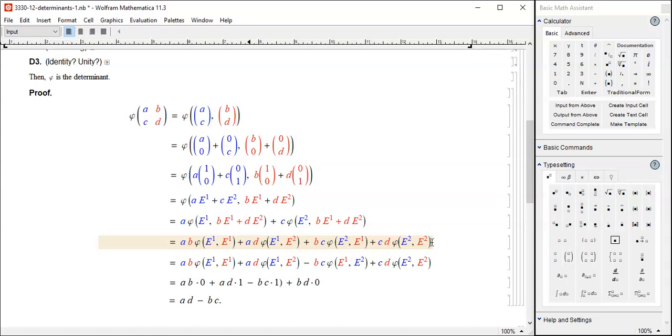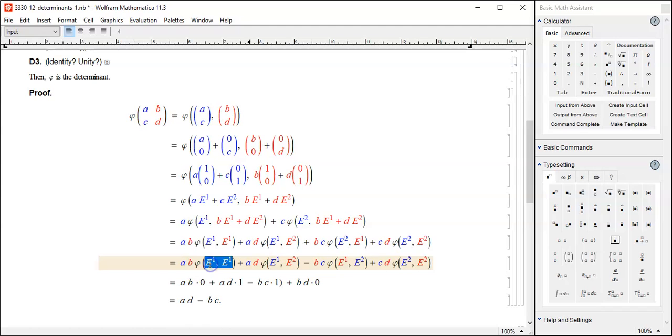All right, let's do a bit of a computation here. E1, E2 there is equivalent to, let's see, no, not this one, this one. E2, E1, change it to E1, E2, and we have a negative sign using the alternating property. So this plus becomes minus because I switched these two, alternating.